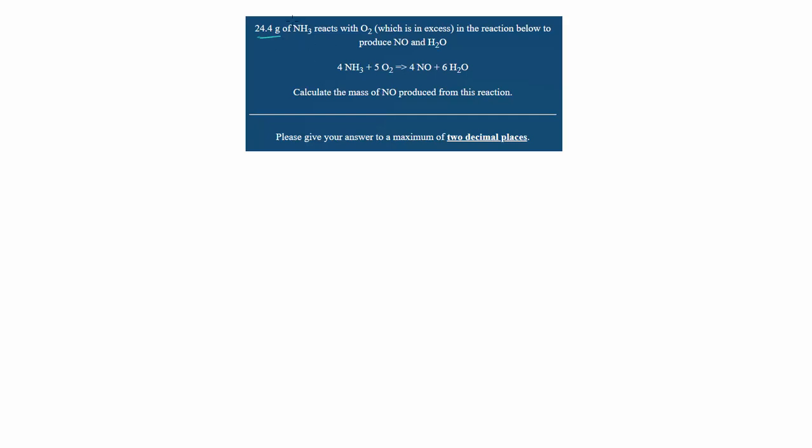that mass, as we've also been told that the oxygen which it reacts with is in excess, right? What's the implication there? Well, the implication I'm going to infer from that is that the amount of nitric oxide produced, the H2O produced, etc., is going to be primarily limited by the mass of NH3.